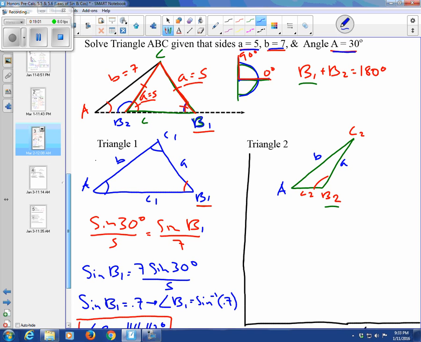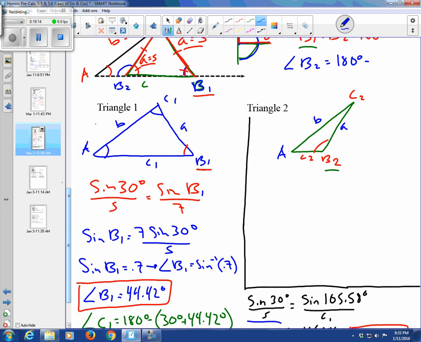Now, moving up to our second triangle, we know that we can solve for our angle B2 by taking 180 degrees and subtracting away our B1, which we know is 44.42 degrees.